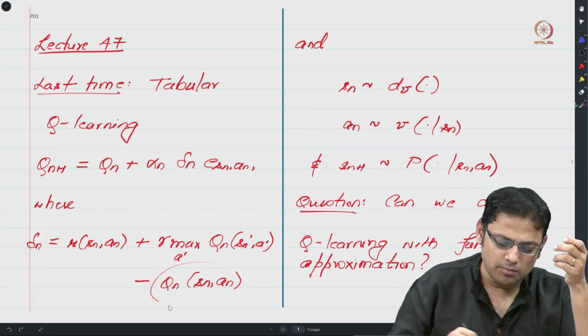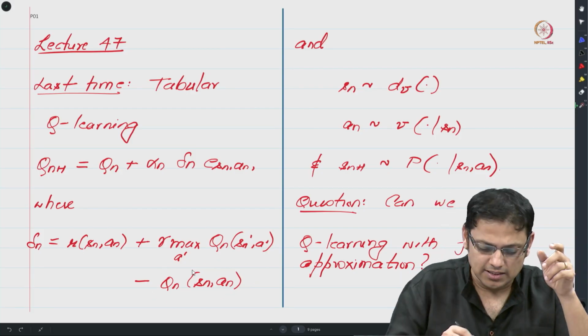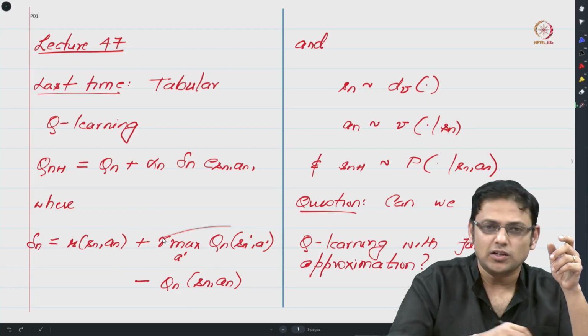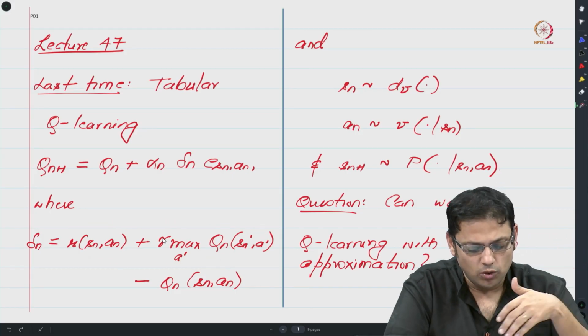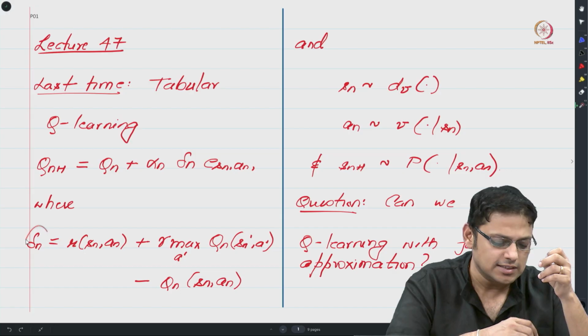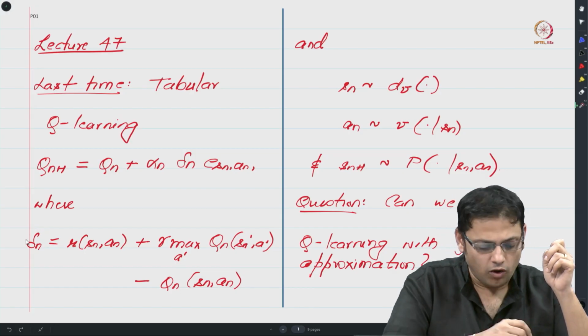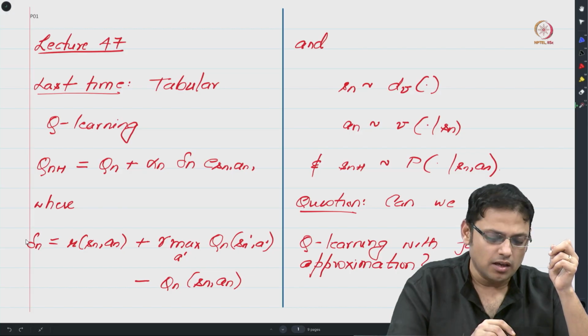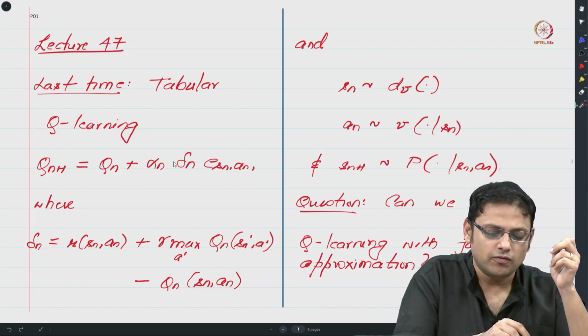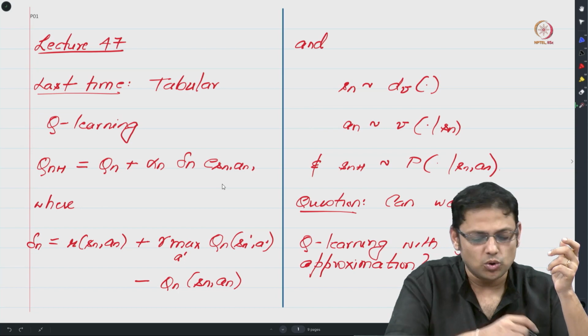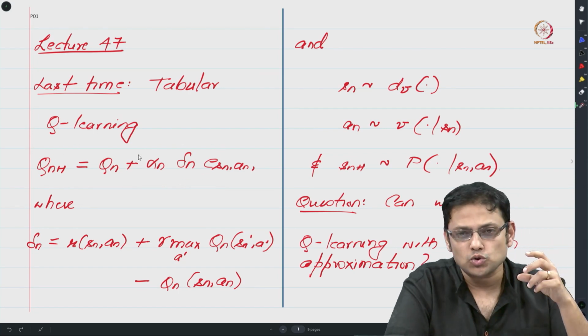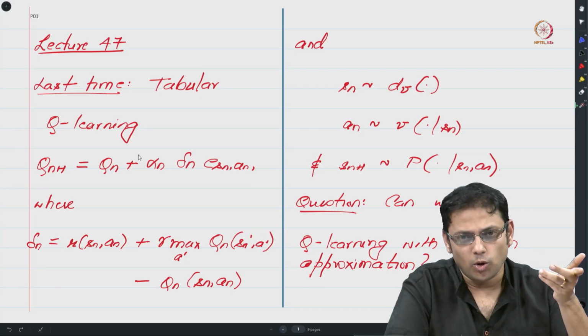So the previous estimate of Q star Sn an is this, and this is the new estimate of Q star Sn an, and we look at the difference between the two, and that is why this is referred to as the temporal difference of your Q star estimate, right. And then we use this temporal difference in the following way in the algorithm, and we showed that this algorithm converges to Q star, which is the Q value associated with the optimal policy, right.